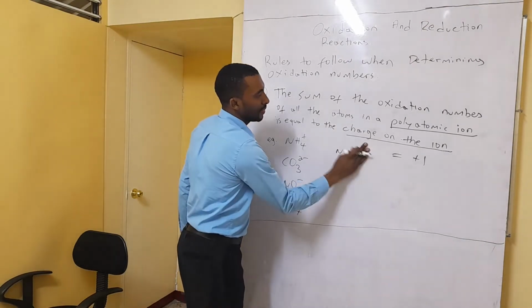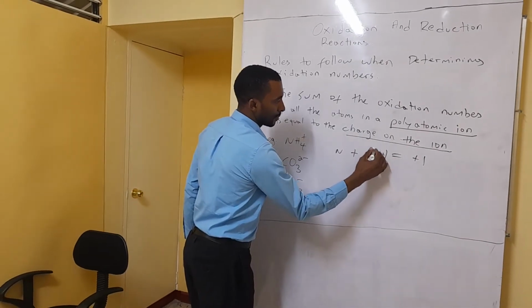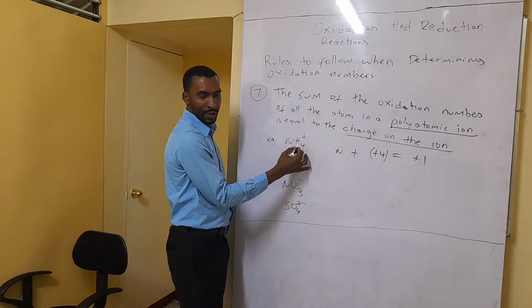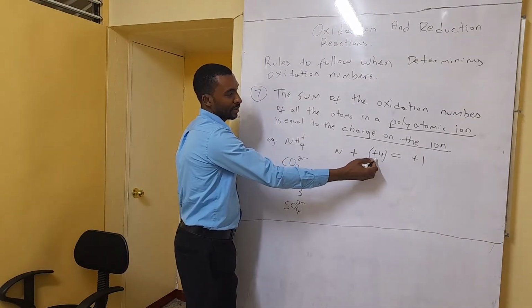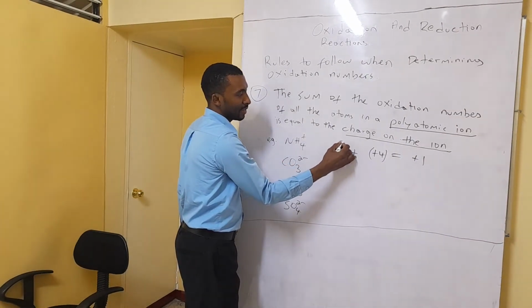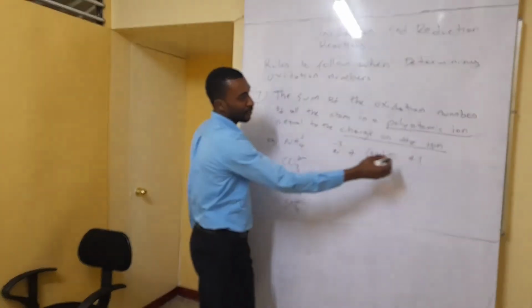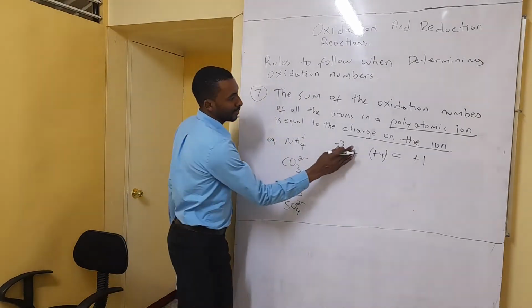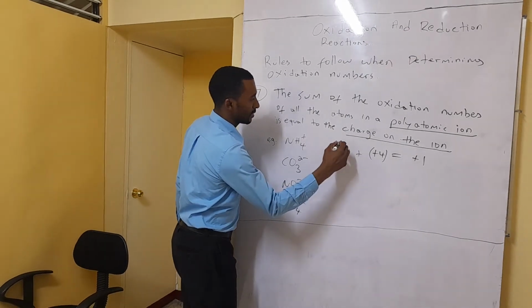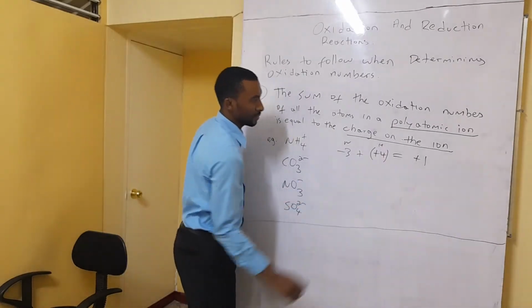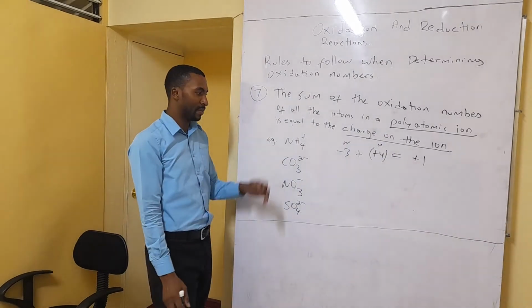As you can see, 4 times +1 is +4 overall for the 4 hydrogens, then you can see that the nitrogen here must be -3. Following? Because the overall charge is +1, alright? So that's the case. So this is going to be -3 for the nitrogen, plus the hydrogen. Following? That's for the ammonium.